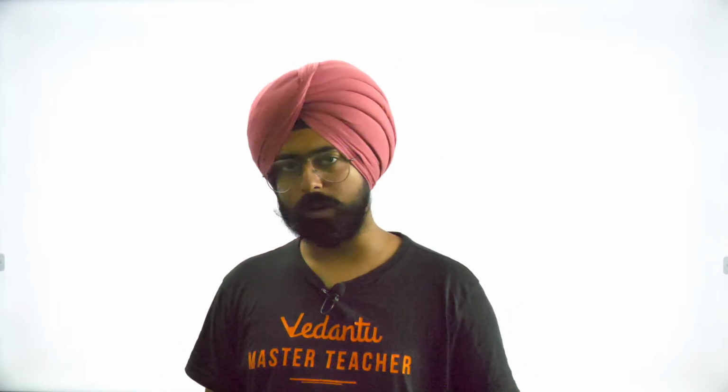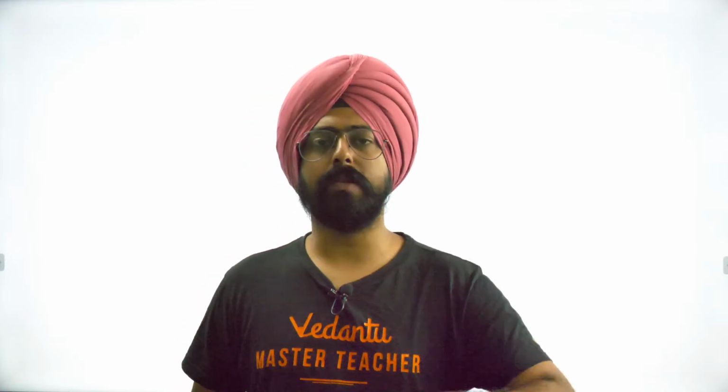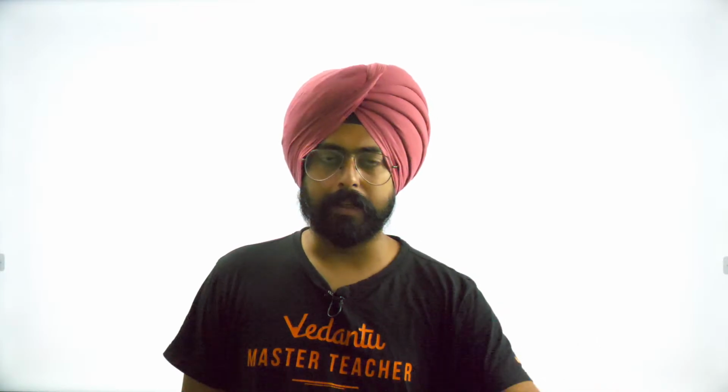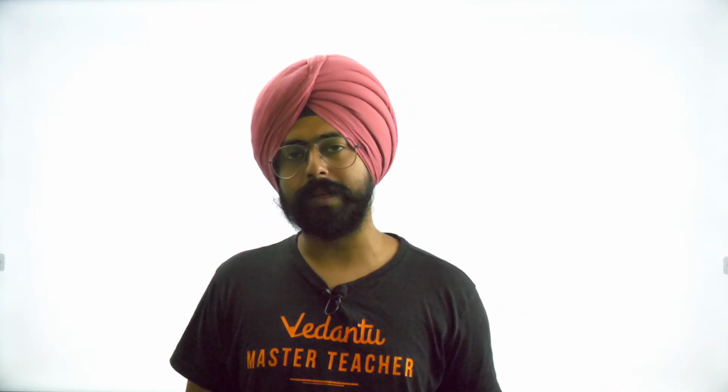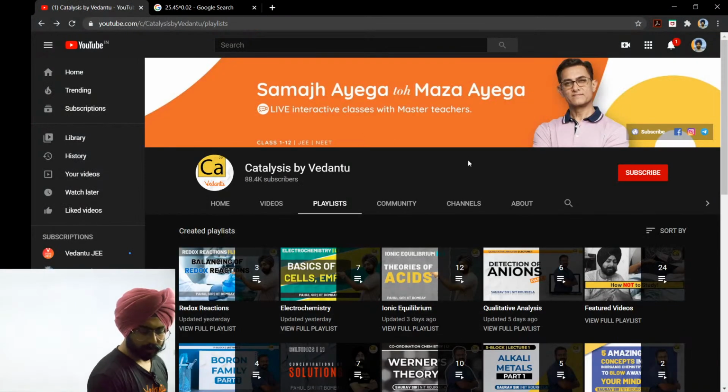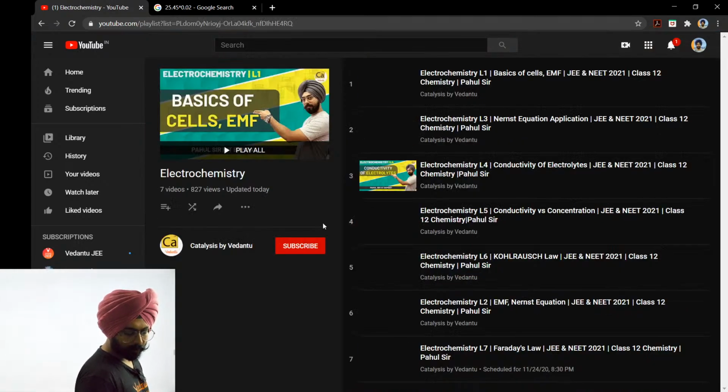Technically speaking, all the concepts of this chapter have been covered. There are some more concepts related to electrochemistry. Yeah, how to create a Daniell cell, how to create a galvanic cell, etc. And I've already covered those basic ideas in the electrochemistry chapter. Okay? So if I show you where it is on the channel, if you go to the playlist section of our channel, over here we've got electrochemistry.